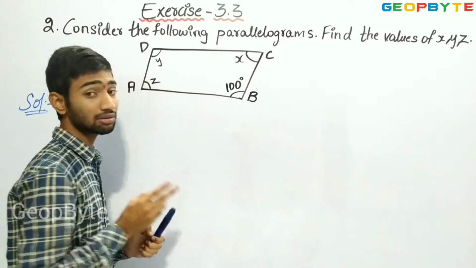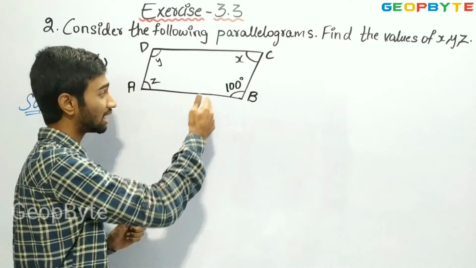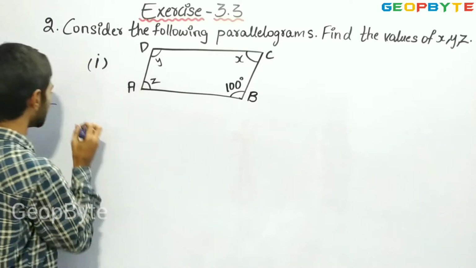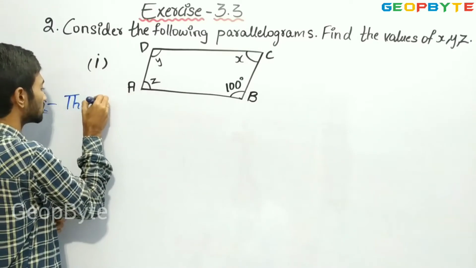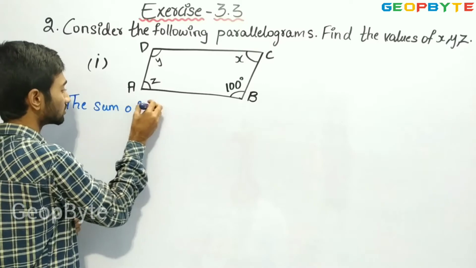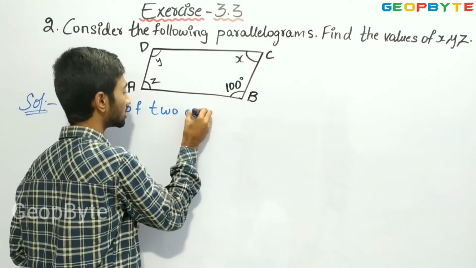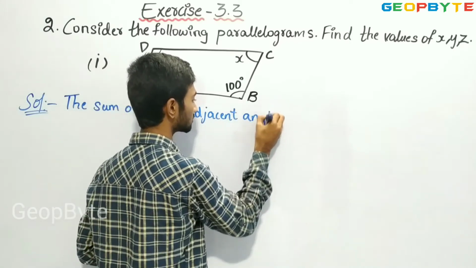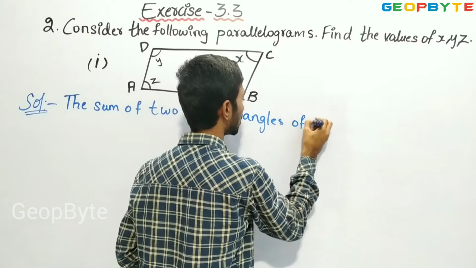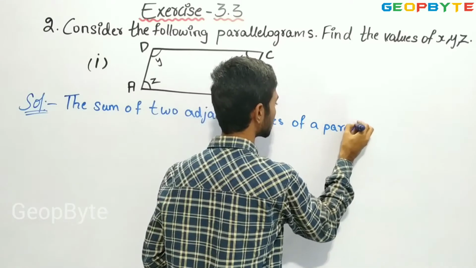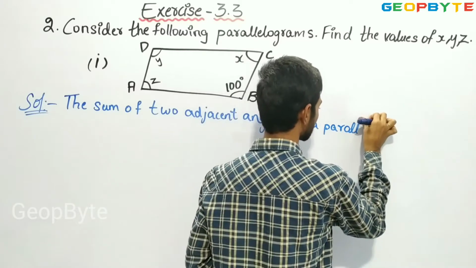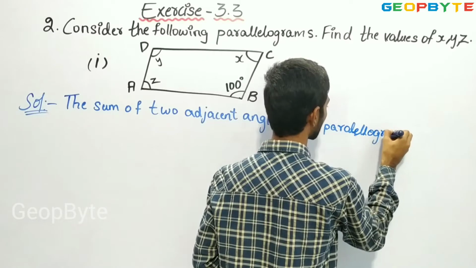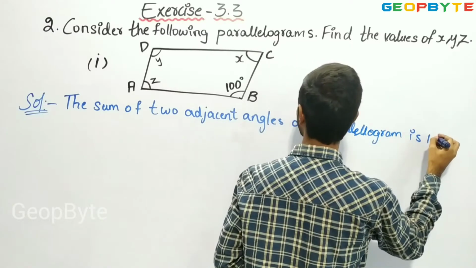We know that the sum of two adjacent angles in a parallelogram is supplementary. Supplementary means 180 degrees. That is, the sum of two adjacent angles of a parallelogram is 180 degrees.